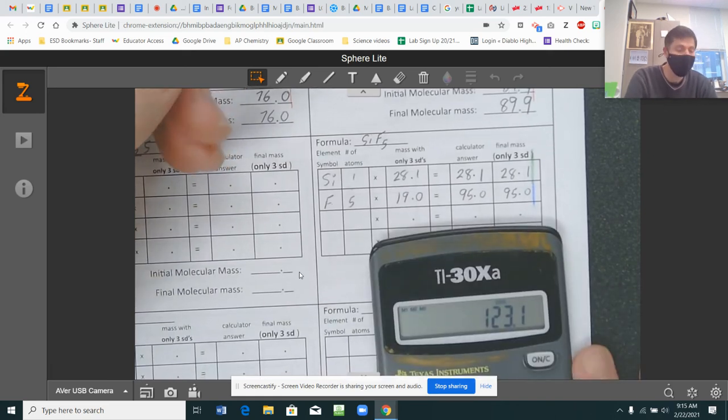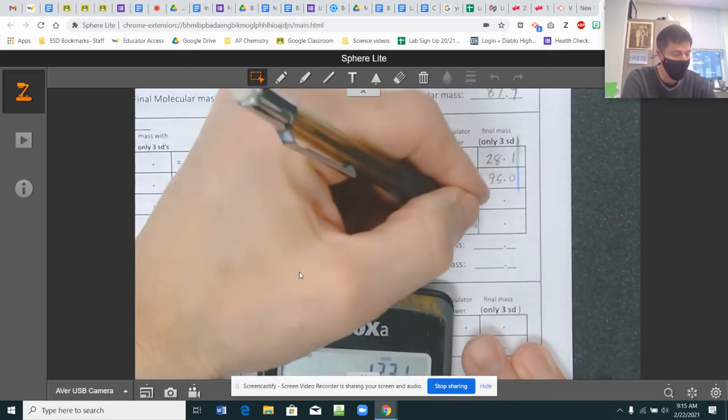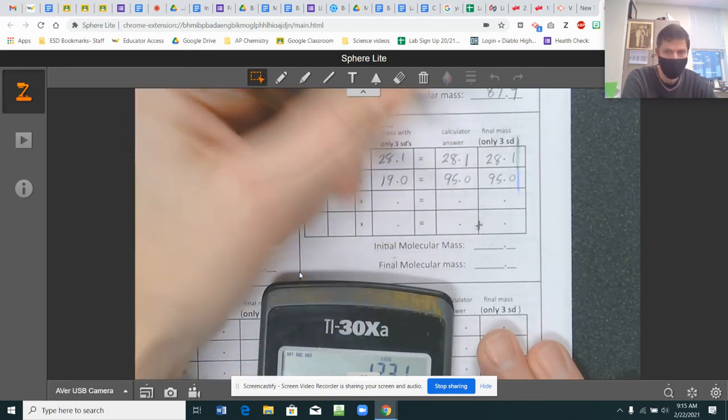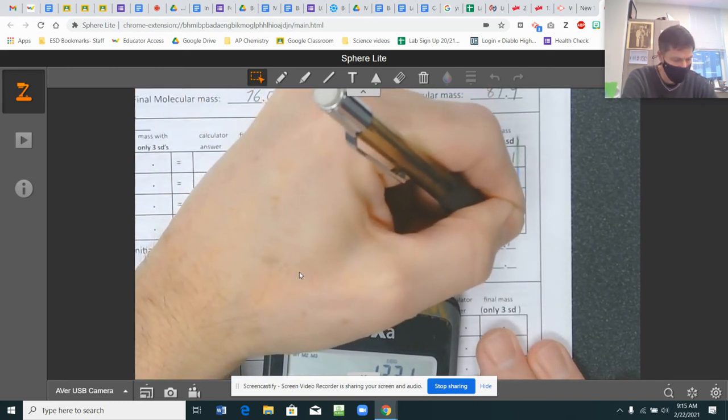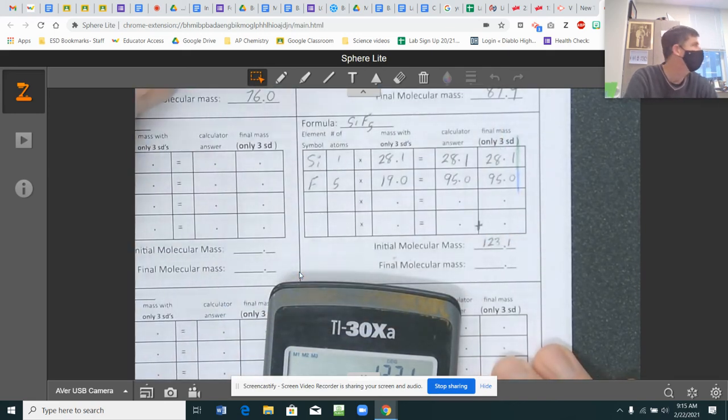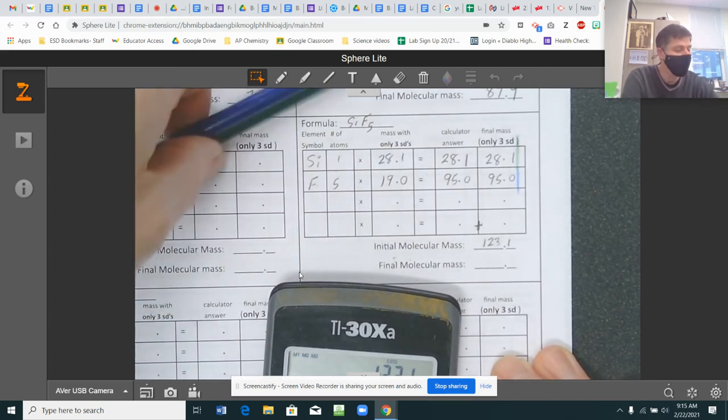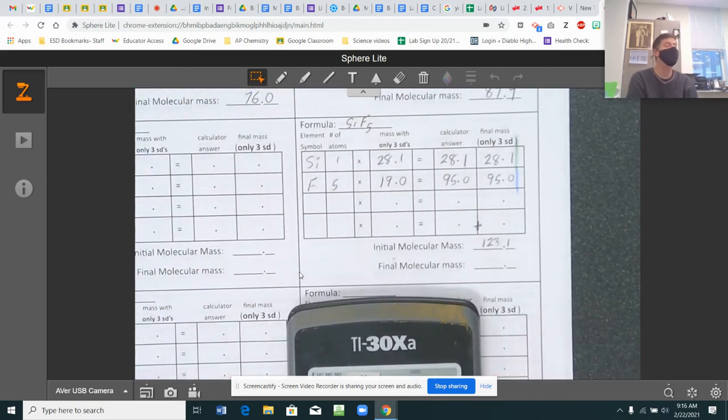When I put them into the calculator, I'm adding them because I want the total mass. I'm going to get a mass of 123.1. Now I need to figure out where my answer cuts. Addition and subtraction are always based on the least precise number going in.